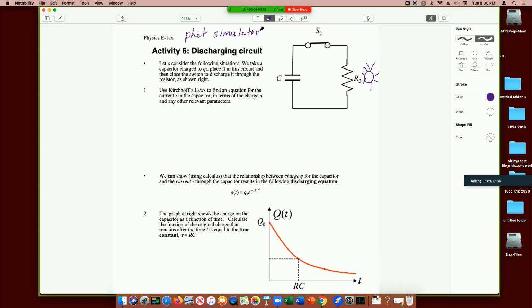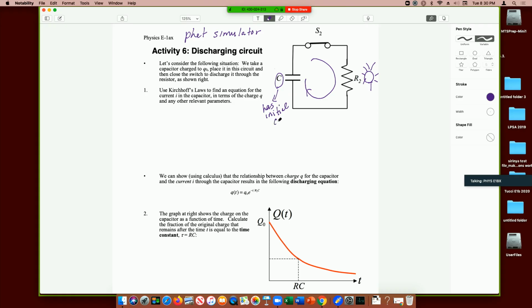Okay, so using Kirchhoff's law, we want to find an equation for the current in the capacitor in terms of Q and all of the other things that we care about. So let's draw a loop, just like this. Remember, the thing here is that this has an initial charge.